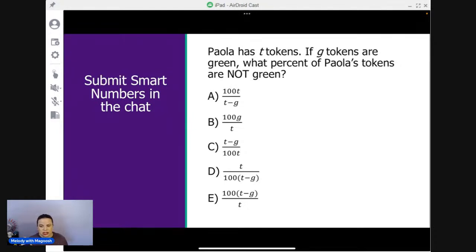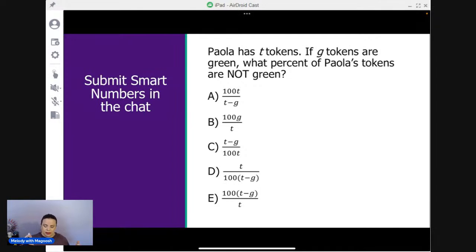So what we would need to do is say G tokens out of T are green. We would need to convert that to a percent. So that's where the hundreds are coming from in the answer choices. And then we would need to subtract that from 100% to get the leftover percent that are not green.